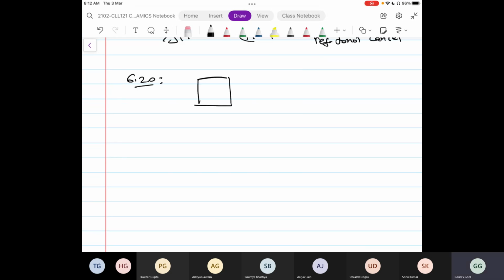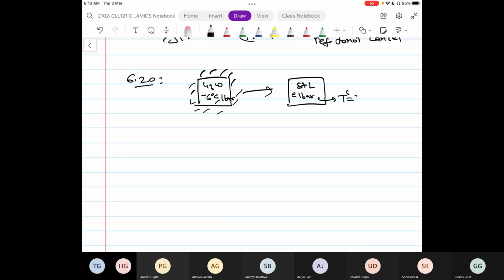Problem 6.20, you are given liquid water at conditions where it can form ice, and this vessel is insulated, and then they mention that a seed of ice is added, and the end state is a liquid and solid at 1 bar, because for water I know at 1 bar the fusion temperature is 0 degrees Celsius.